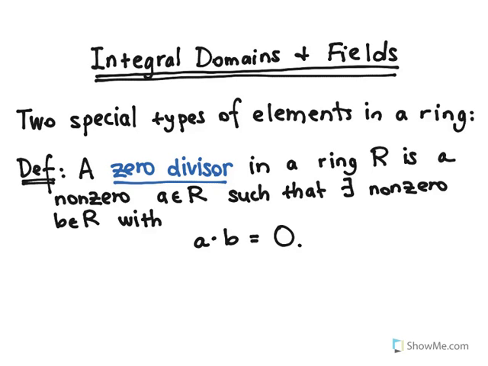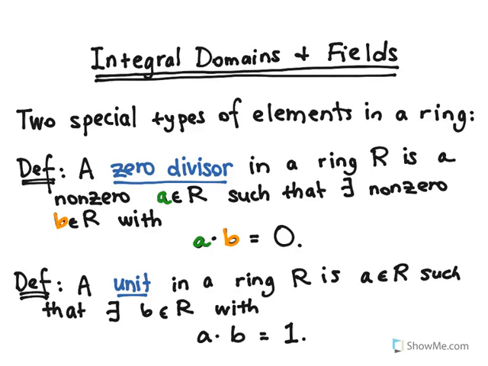To put it more precisely, a zero divisor in a ring R is a non-zero element A in the ring R, such that there exists another non-zero element B in R, and when I multiply these two things together, A times B, I'll get zero.